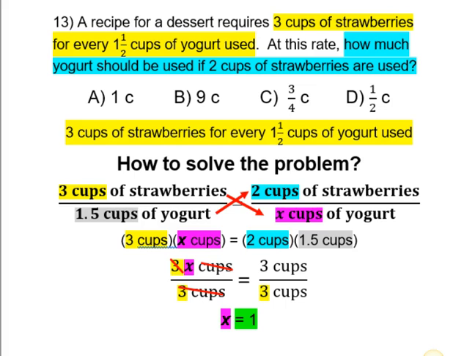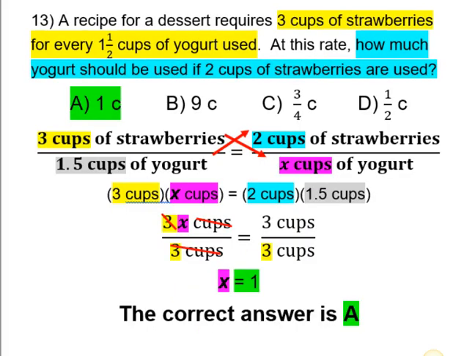So in looking at our answer choices, which answer best represents that we would need to use 1 cup of yogurt when we use 2 cups of strawberries? If you said A, you are correct. Let's move to question number 14.